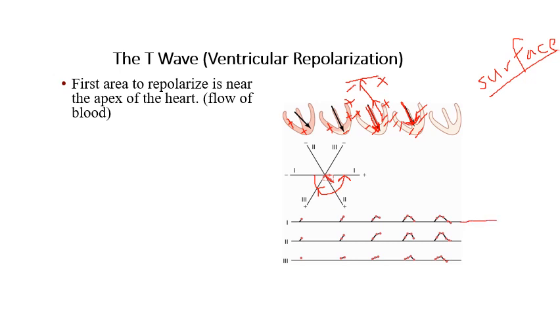This is the isoelectric line, where there is no current, because the heart is either completely depolarized or completely repolarized. The case here, after the T wave, we have complete repolarization. Okay, we are back to the resting membrane potential.